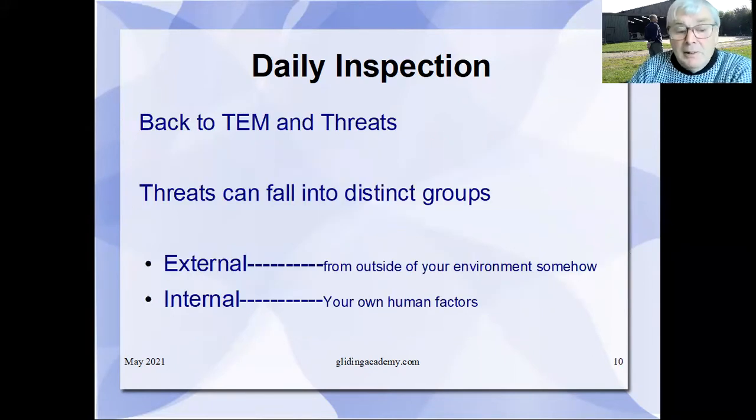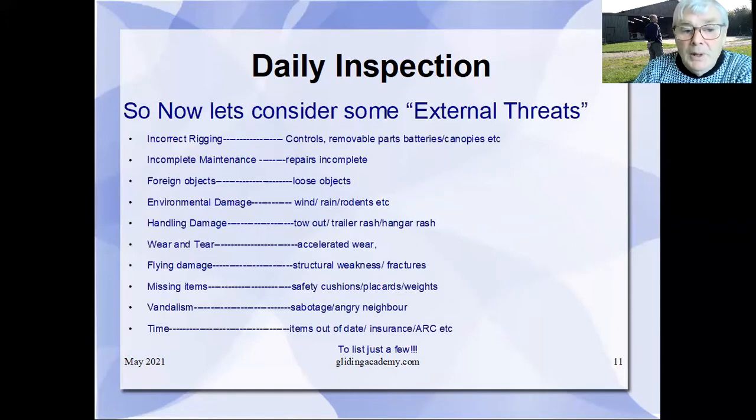Going back to threat and error management now, if we look at threats, they come in 2 flavors. We can have what we call external threats and internal threats. And we're just going to take a look at those external and internal threats from a daily inspection viewpoint.